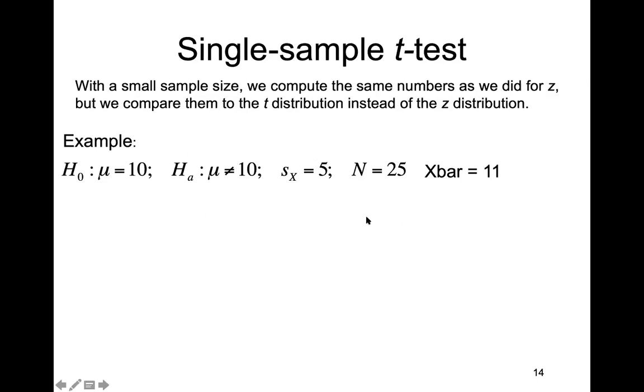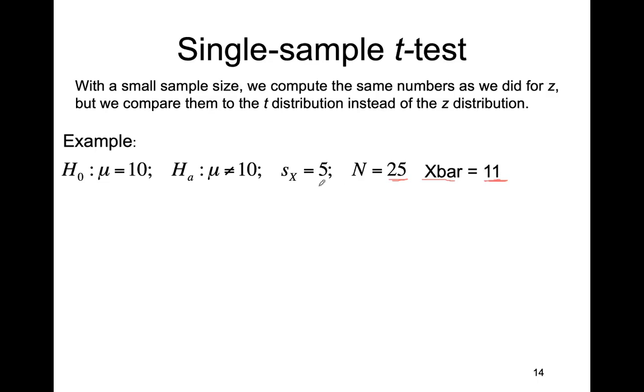Can you solve this problem, friends? How do I start my question? I start my question like that. I have a set of data coming from 25 people, and from that data I found 11 is my mean value, x bar is 11.